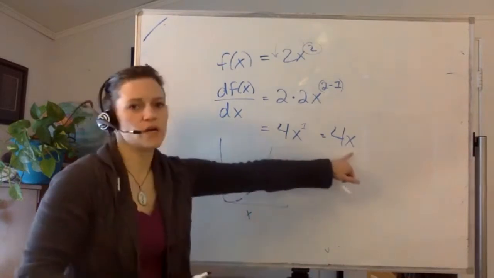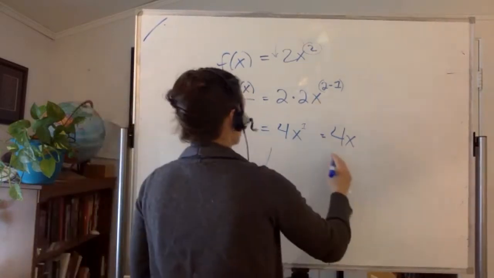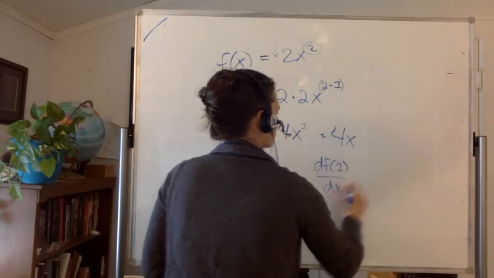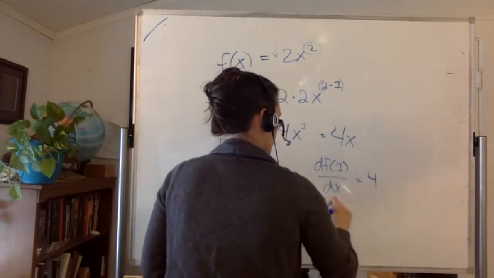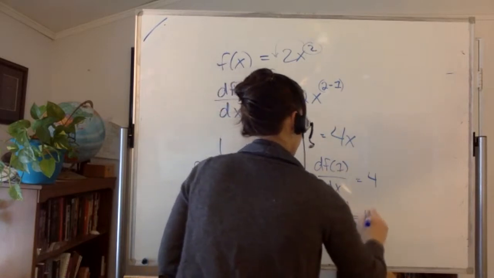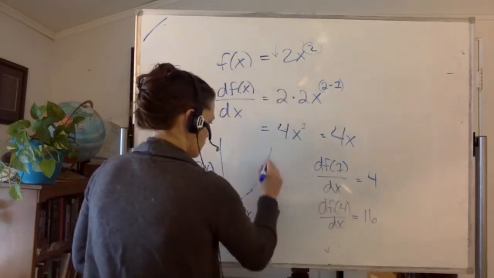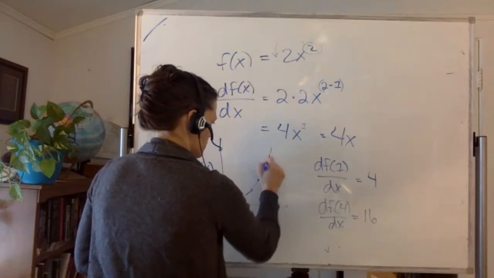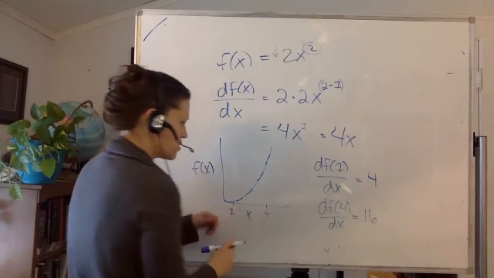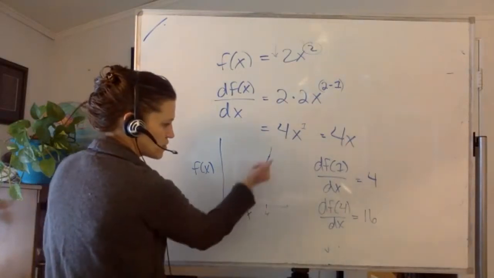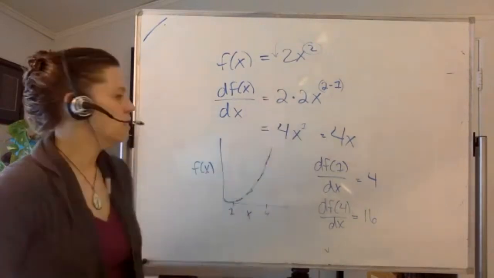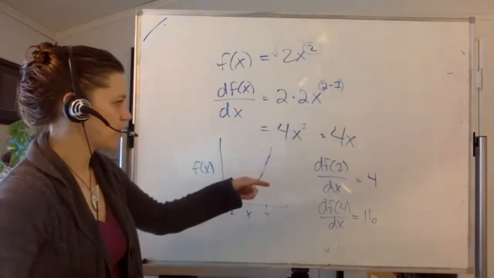Let's just try some. df of 1 dx is equal to 4. df of 4 dx is equal to 16. So if this is when x equals 4, and this is x equals 1, it's changing at a rate of 4, and then it's changing at a rate of 16. So it's going to get a faster incline, the larger the x value.